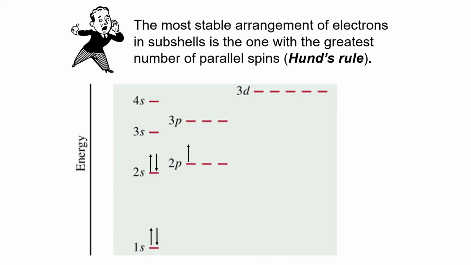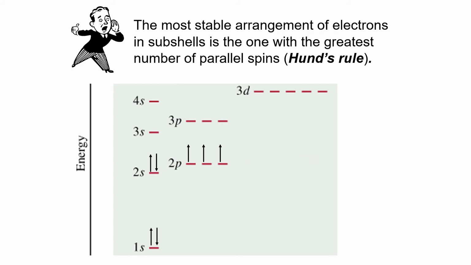Okay, Hund's rule I mentioned a moment ago. It's the most stable arrangement of electrons in subshells, and that occurs with the greatest number of parallel spins. So this is carbon, we have 1 unpaired electron. When we add the next electron, it goes in the next orbital with the same spin.